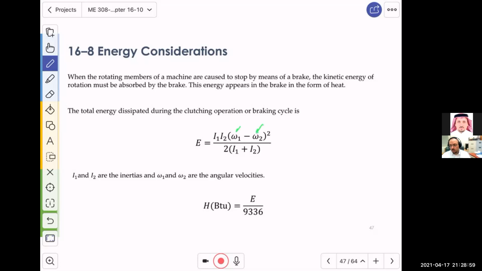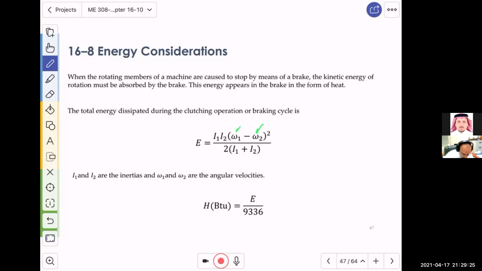I1 and I2 are the inertias, and omega 1 and omega 2 are the angular velocities, angular velocity 1 and angular velocity 2. We divide it by 2 multiplied by I1 plus I2.